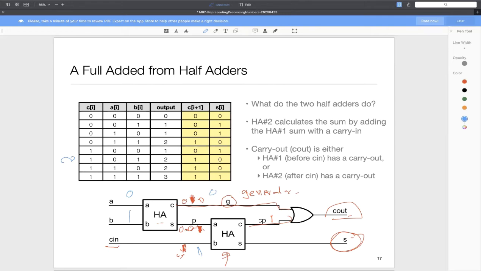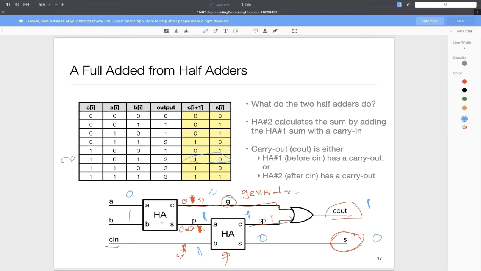Carry of 0, sum of 1. Half adder, both bits are 1: it will output sum of 0, carry of 1. So I'm seeing an OR of 0 and 1, so I get a carry out of 1 and I get a 0. And if you look out here, that's what we have. You can reason through it, but if you don't believe it, just try it out on any of the entries of the table and you will see.